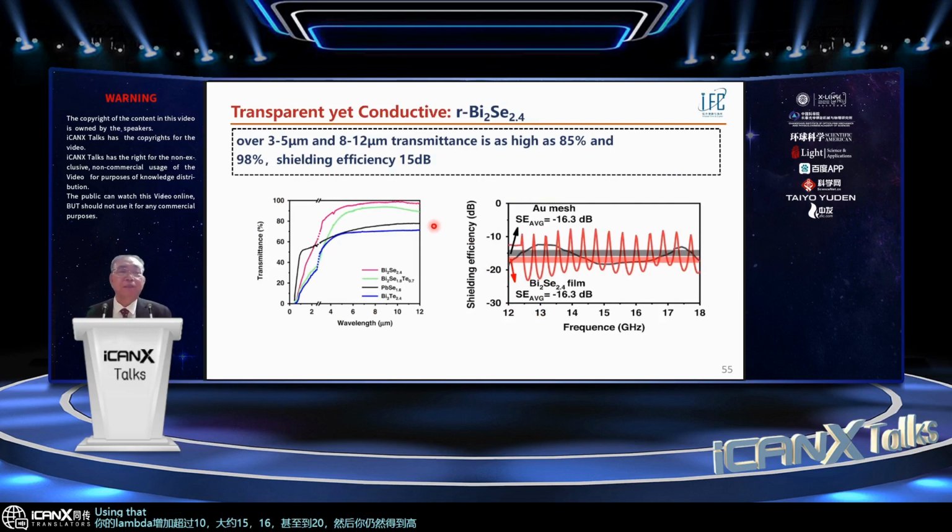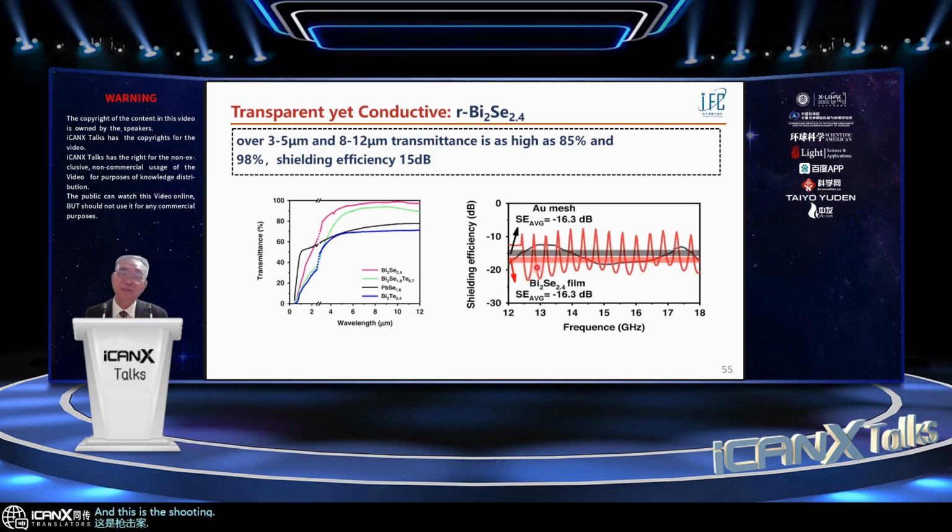Using that theory, we deposited this material, Bi2Se2.4. So the result is that over 3 to 5 micron and 8 to 12 micron, transmittance is as high as 85 and 98. Over this area is 85, and over this area is over 98. And this is the shielding effect.